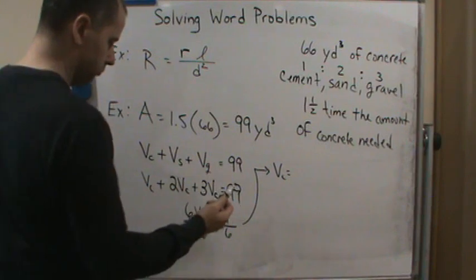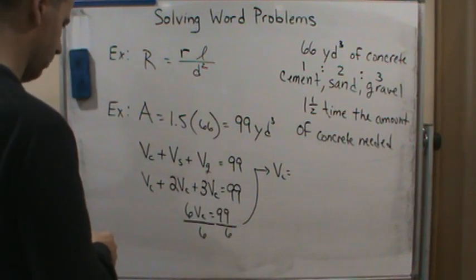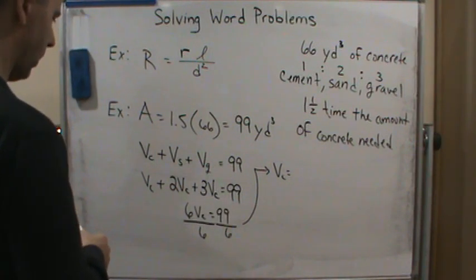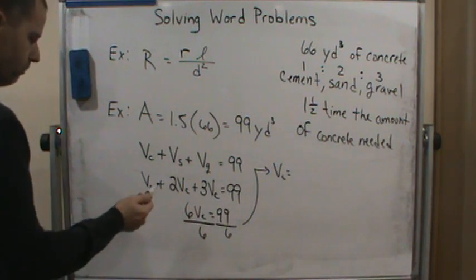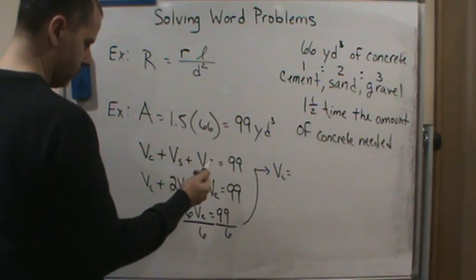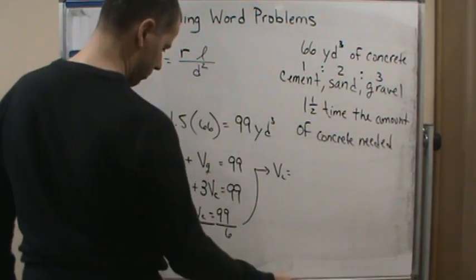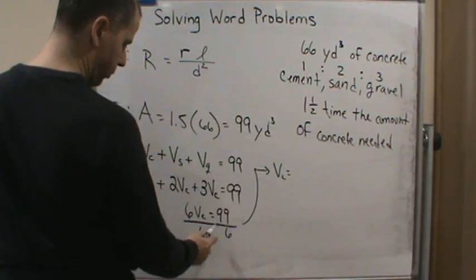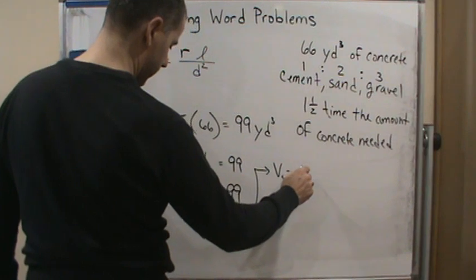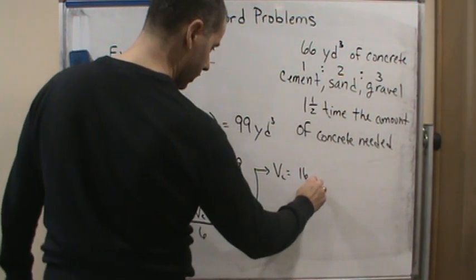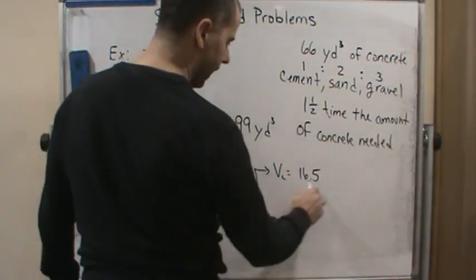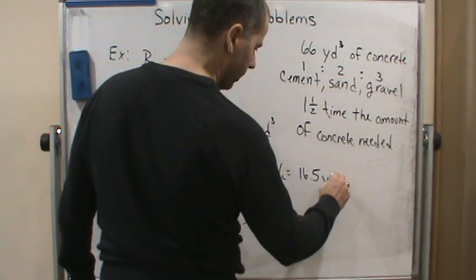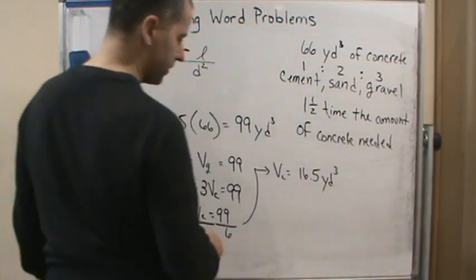Oh, hold on. Not 11. It's going to be 99 divided by 6, so that is 16 and a half. So the volume of cement I'm going to need is 16 and a half cubic yards.